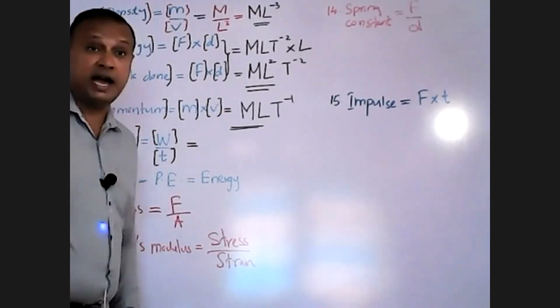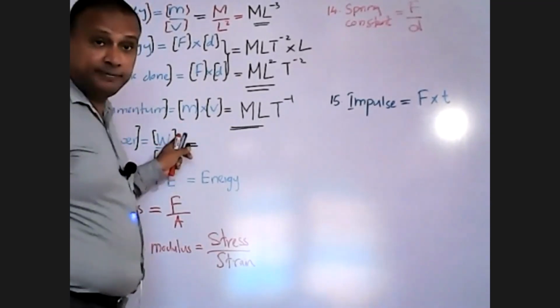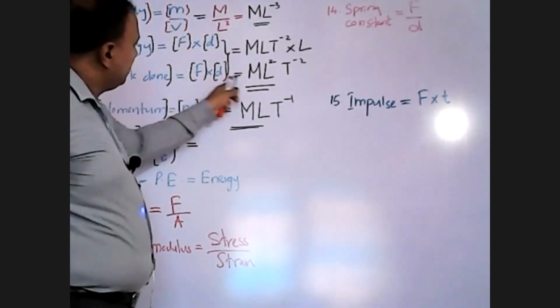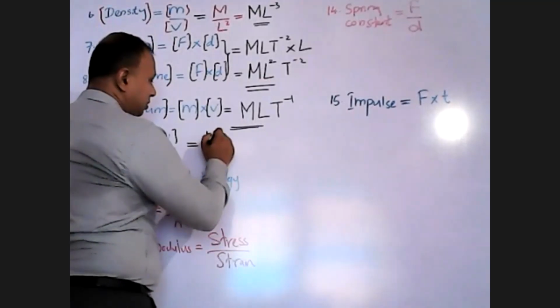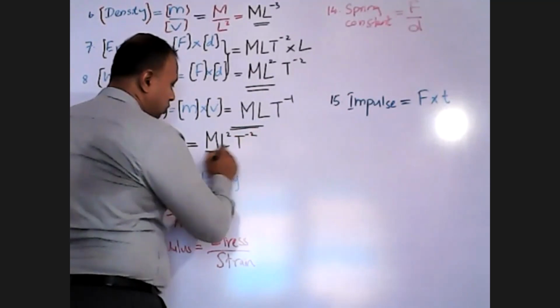We have found the dimension of work done, that is ML squared T minus 2.